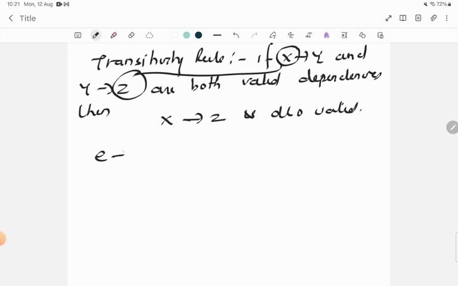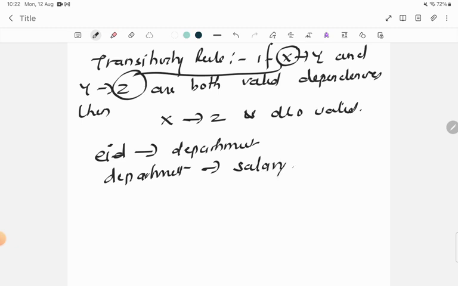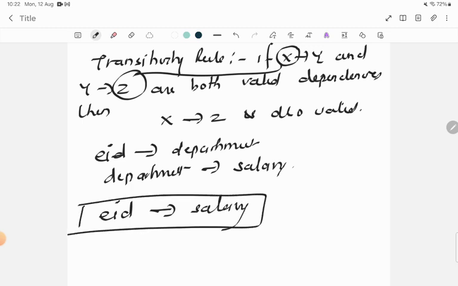For example, if EID, the employee ID, determines the department of the employee, and the department determines the salary of the employee, then by the transitivity rule, the employee ID will also determine the salary of the employee.